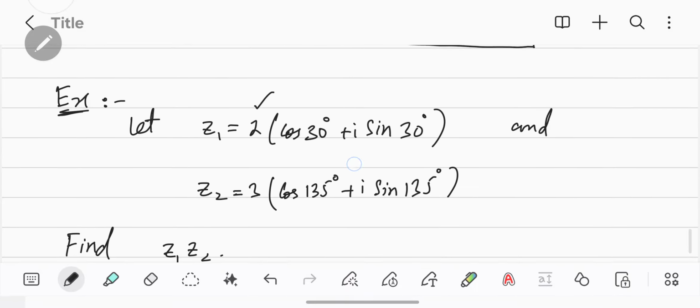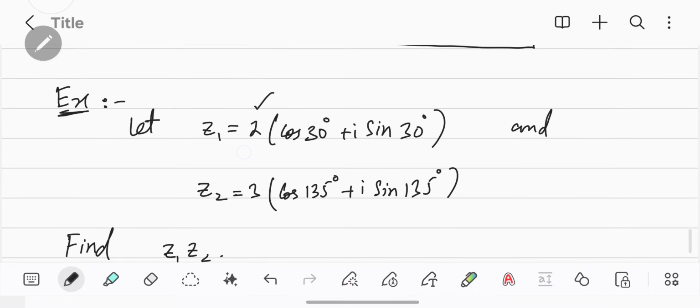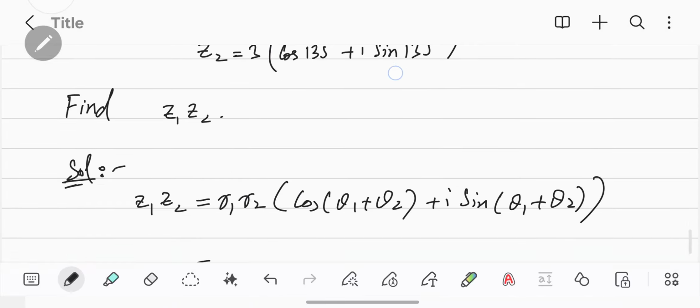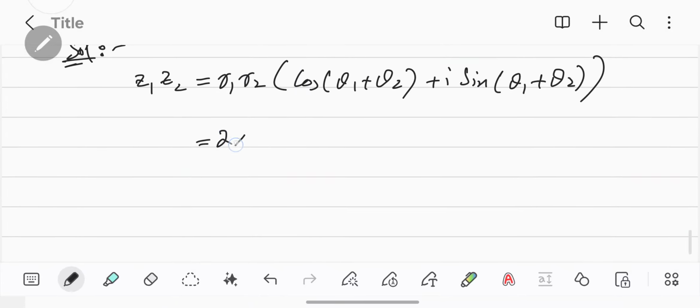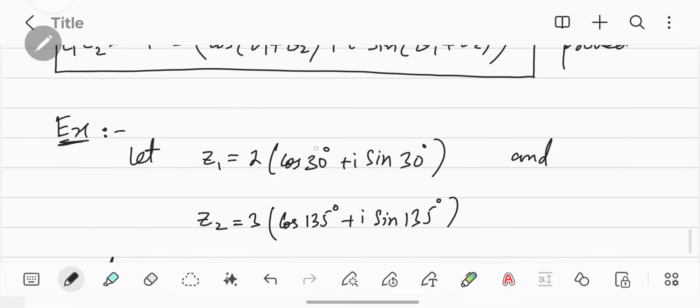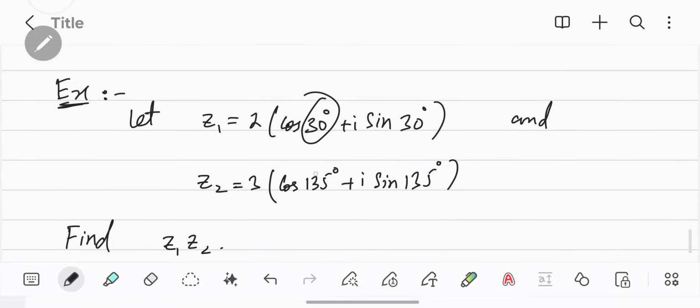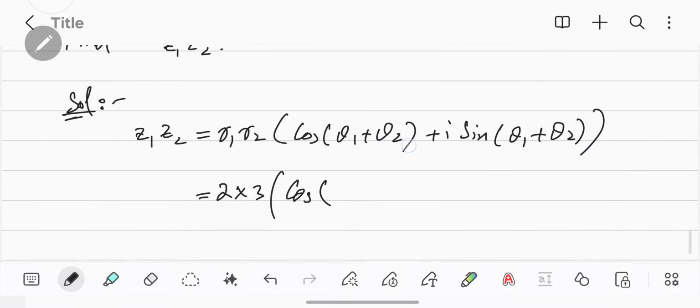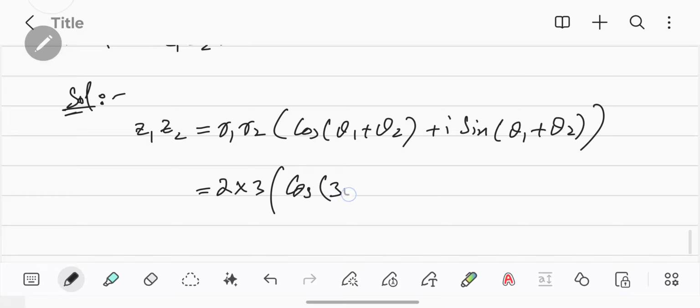Since radius 1 is 2 and radius 2 is 3, I will write 2 times 3 cosine of, what is theta 1? Theta 1 is 30 and theta 2 is 135. So I will write 30 plus 135, plus i, here also 30 plus 135.